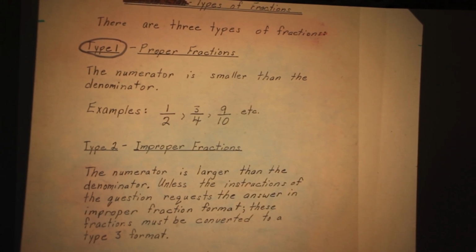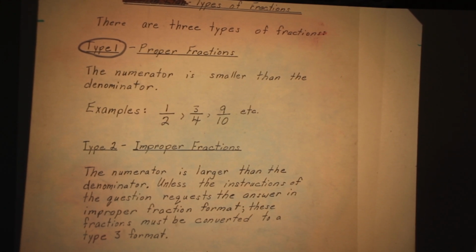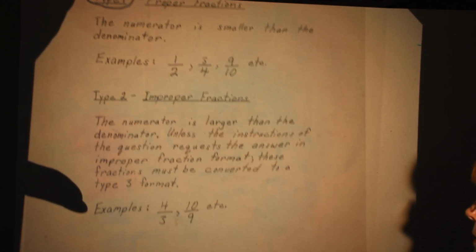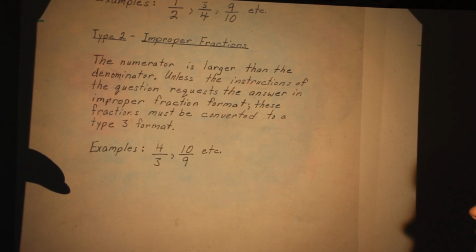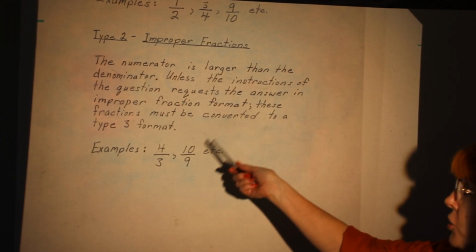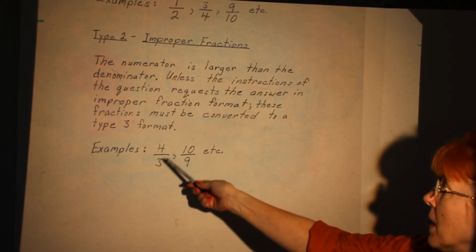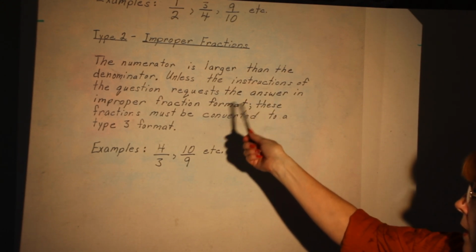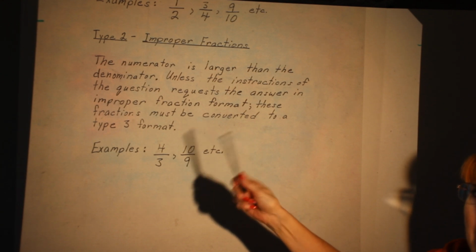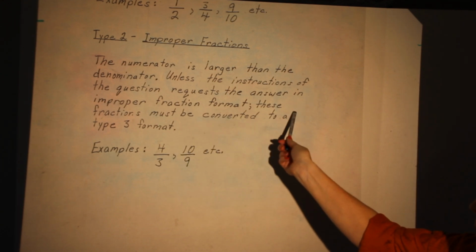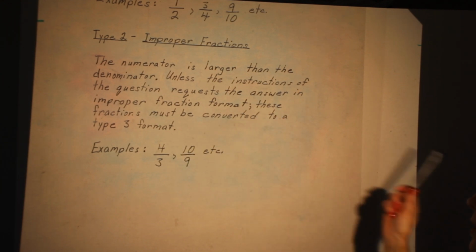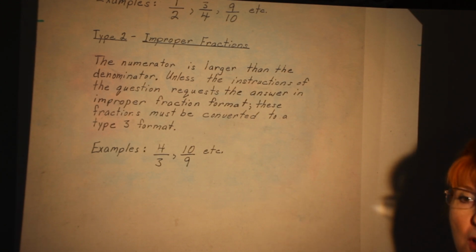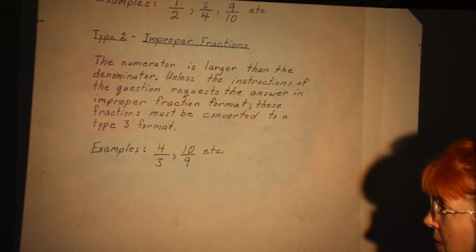Second type of fraction is called an improper fraction. And that's because the numerator is larger than the denominator. So we have some examples. Unless the instructions of the question request the answer in improper fraction format, and that does happen, most of the time you take these fractions, you have to convert them to what they call the type 3 format, which is a mixed number.